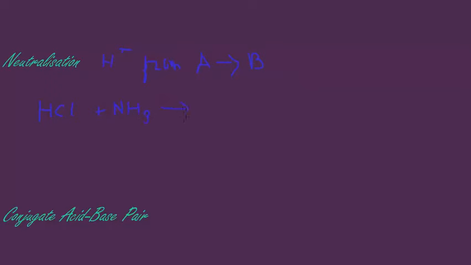So that gives us the chloride anion and the NH4+. So you can see here hydrochloric acid donates a proton to the NH3 and what remains is the chloride anion, and here it forms NH4+. So you can see this over here is an acid and this is a base.